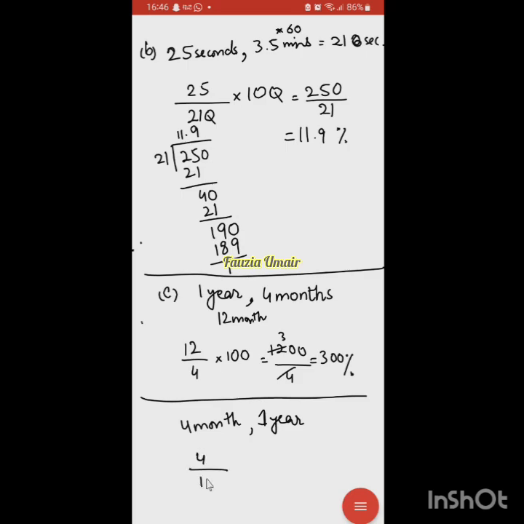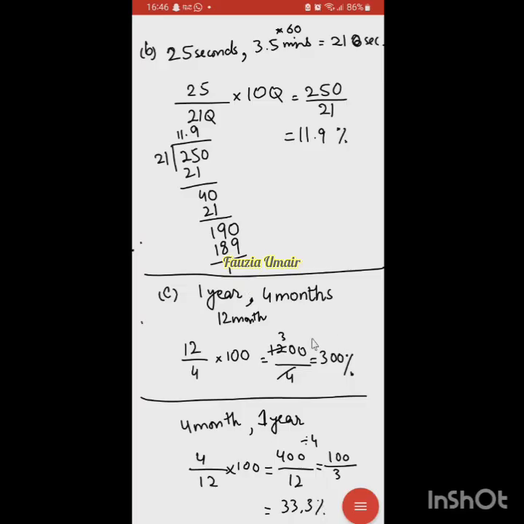If I write 4 by 12, do you think the answer will remain the same? No, ma'am, it will not be, right? So this is 400 by 12, or if you divide it by 4, this is 100 by 3. So 100 by 3 is 33.3%. So this is a totally different answer.